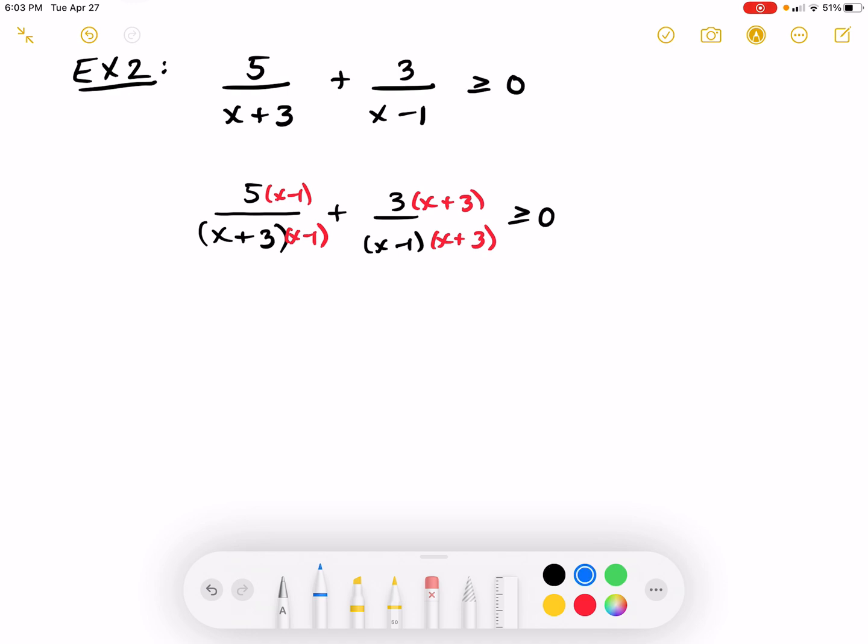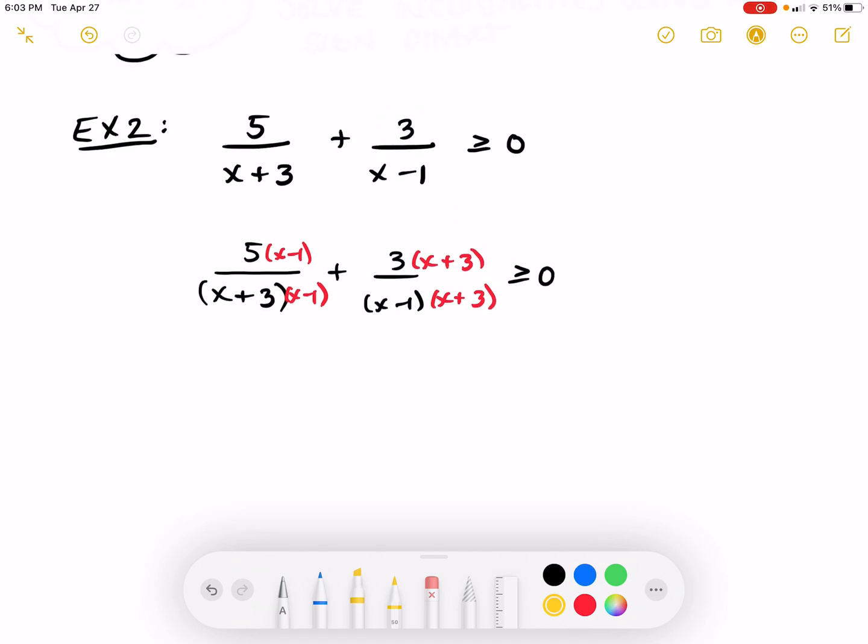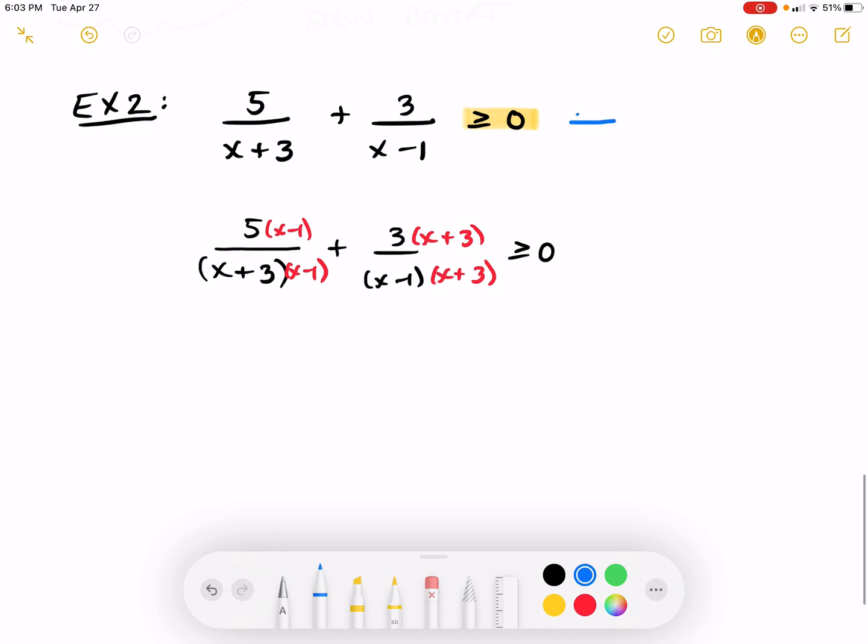And in fact, this is a good time to talk about what this means right here, because at the end, a lot of times students do all the work for the sign chart, and then they don't know how to answer the final solution. What greater than or equal to 0 means, so I'm going to put this in words. This is greater than or equal to 0.